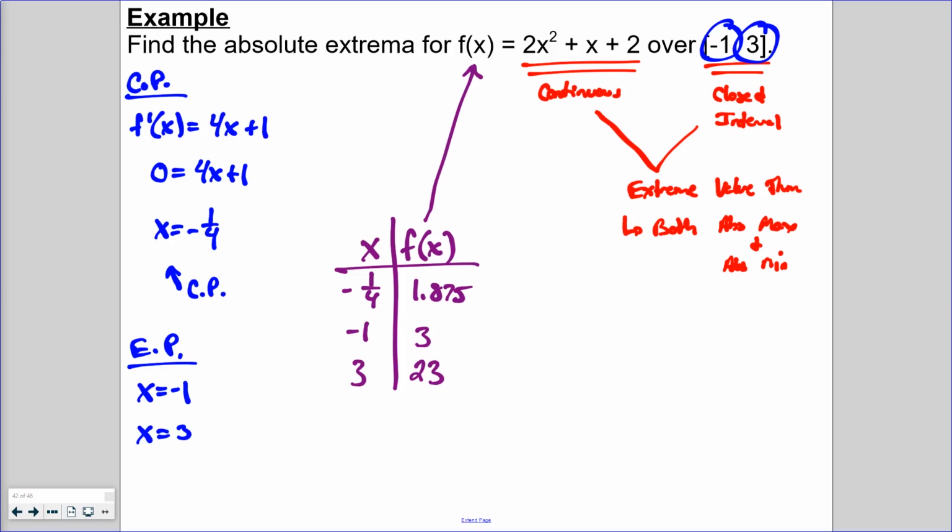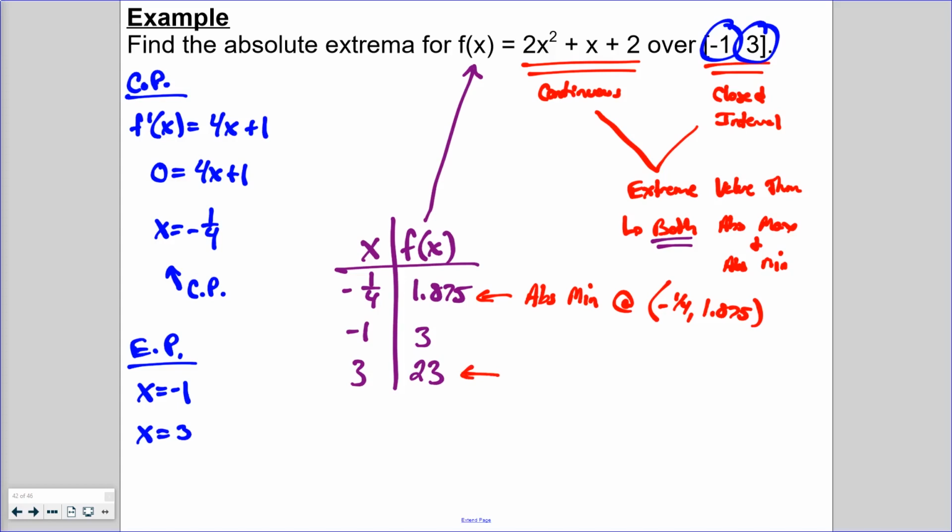Now I just need to figure out which one of these is the absolute max and absolute min, because remember, the extreme value theorem guarantees we have both. We can see that our smallest y value is 1.875. So there's an absolute minimum at the point -1/4, comma 1.875, because 1.875 is the lowest y value.